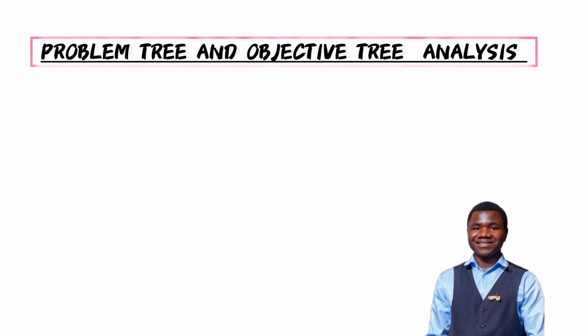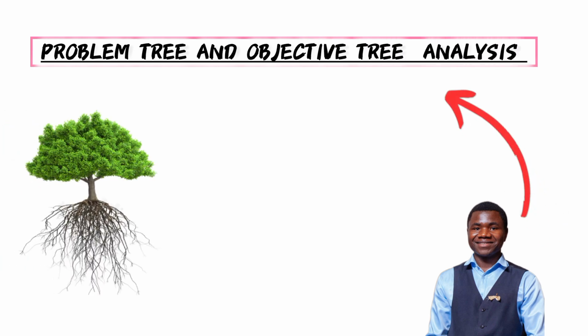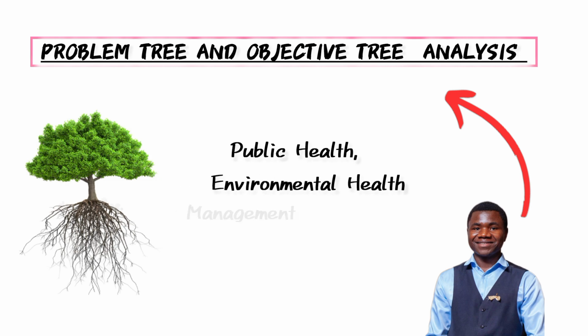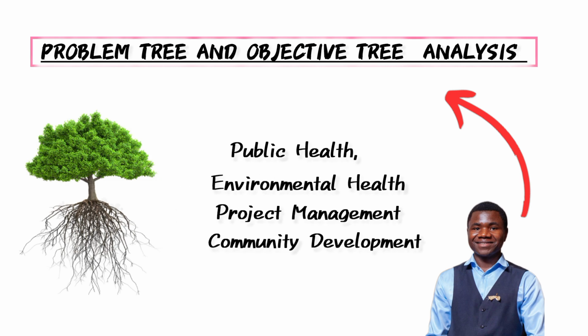So in today's video, we are going to talk about problem tree analysis and objective tree analysis, which are very important tools used in public health, in environmental health, project management, and community development.